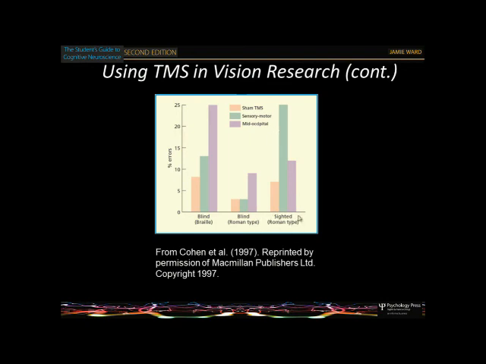What you find is that in the sighted people, when you apply TMS over their sensory motor, the tactile system, it impairs their ability to detect embossed letters. In blind people, it's when you put it over their visual cortex that it affects their ability to detect embossed letters, even though they're just doing it with their fingertip.